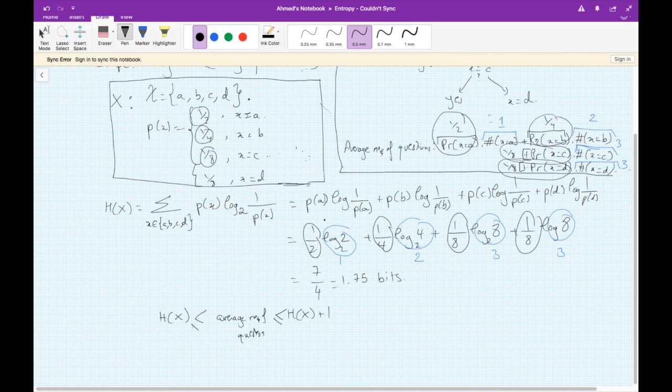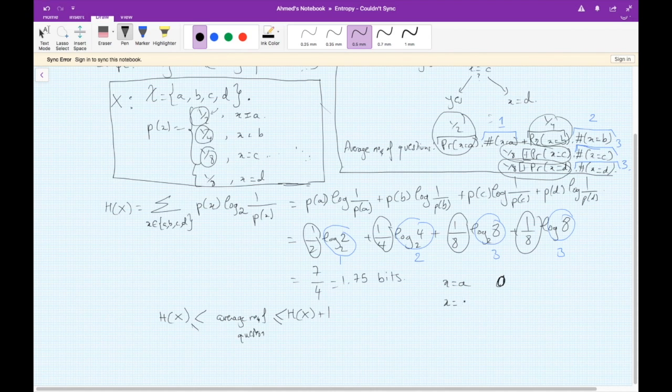Now, this is questions. Now, why bits? So we all know that questions could be modeled as bits in computer science or communications, right? So here, if I need one question to model x equal to a, why not encode or model x equal to a as 1 bit? I don't know, call it 0.